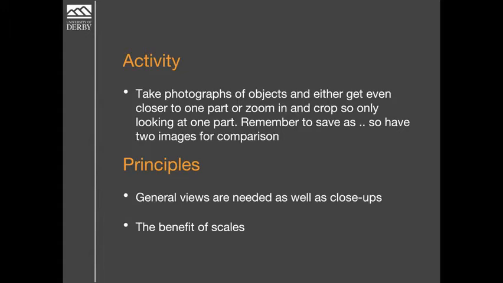The idea of the activity is for students to take photographs of objects, either getting really close to one part or zooming in and cropping using PowerPoint, remembering to save as 2 images, so they have the 2 for comparison. They'll pull up a stock of images showing what is the part and what is the real thing. They can then try and get other students to think about what they're looking at, so there's an idea of swapping between students.